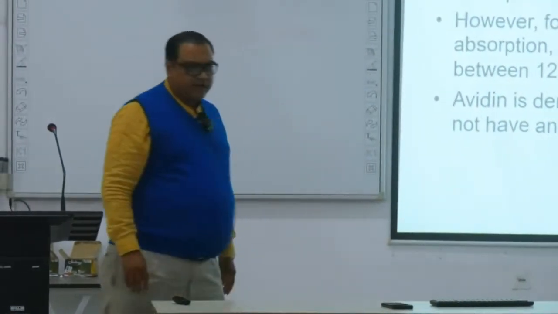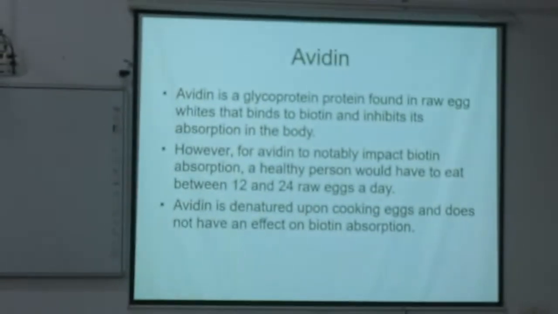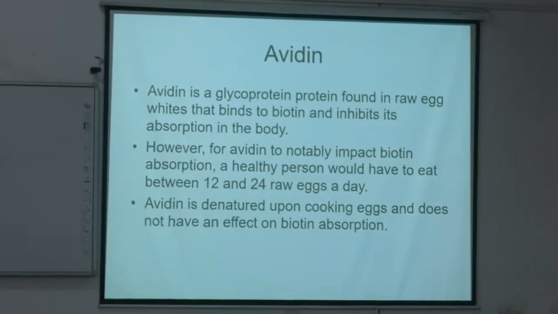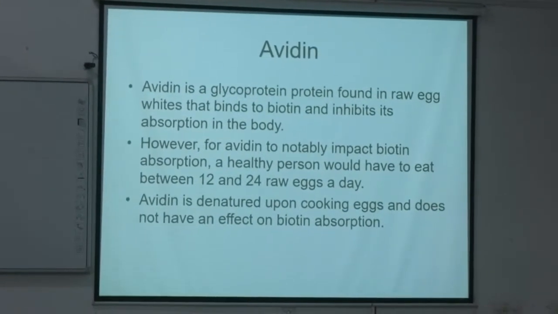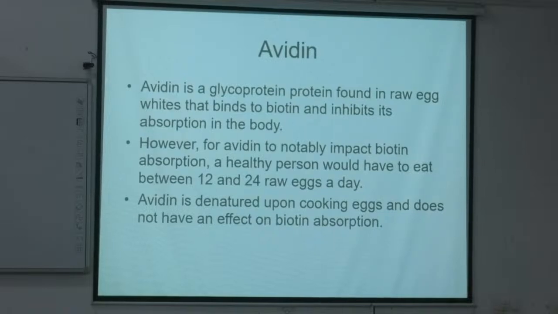What is avidin? Avidin is a glycoprotein found in egg white. What is its use? It is a very widely used substance in the biological field. Can you remember there is a technique called affinity chromatography? Do you know something about ELISA?